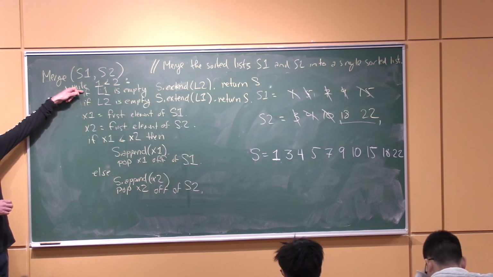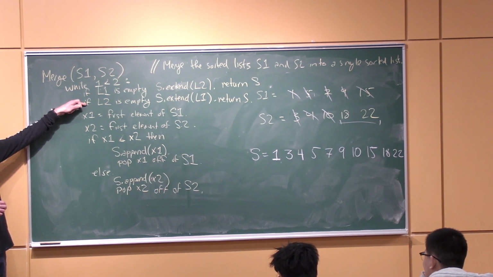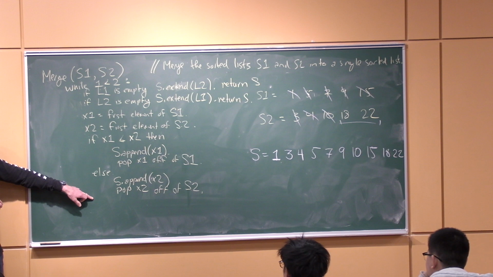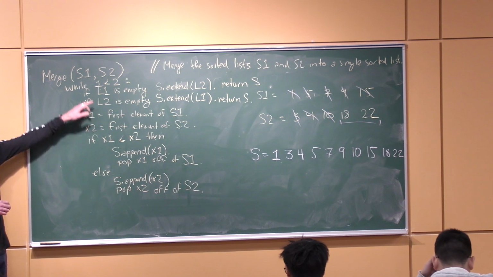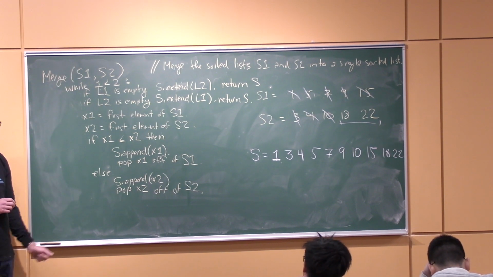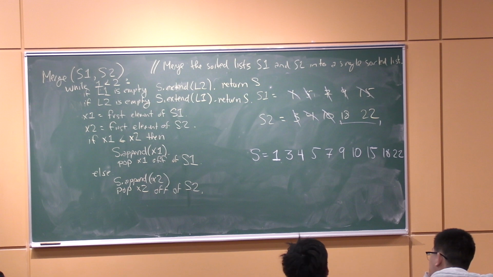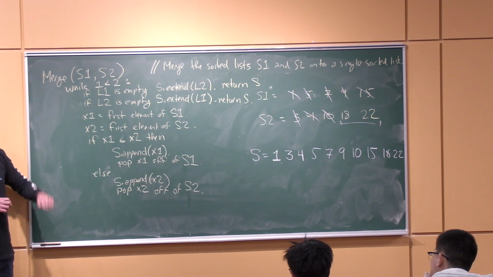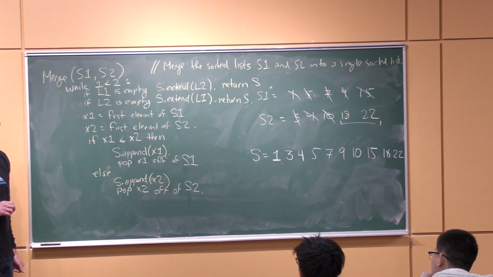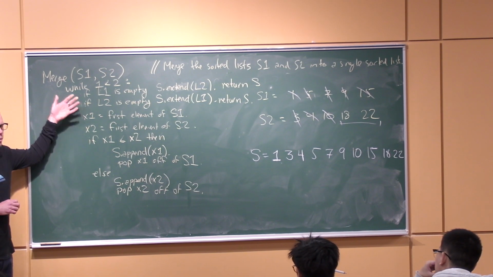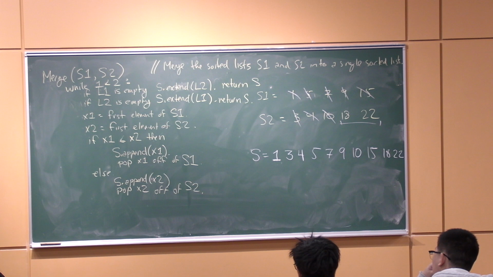Well, if L1 is empty, we return. If L2 is empty, we return. Otherwise, we take something away from L1, or we take something away from L2. So eventually, one of L1 and L2 will become empty and will return. So we didn't really need any special condition there. Lots of ways to write this loop. This is just one that we invented today.